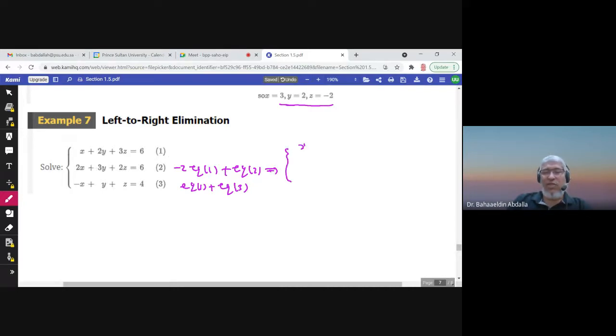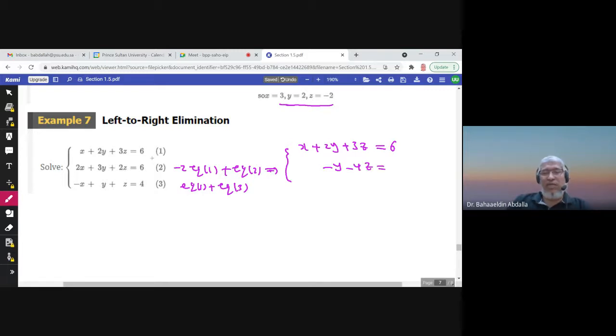The first equation is not changed, but the second equation, -2 plus 2 is 0, so I have no x. -2 times 2 is -4 plus 3, that's -1. -2 times 3, -6 plus 2, -4.